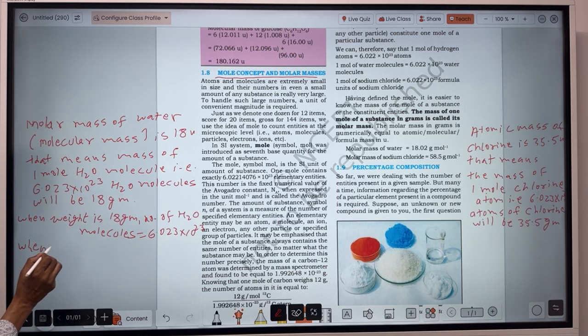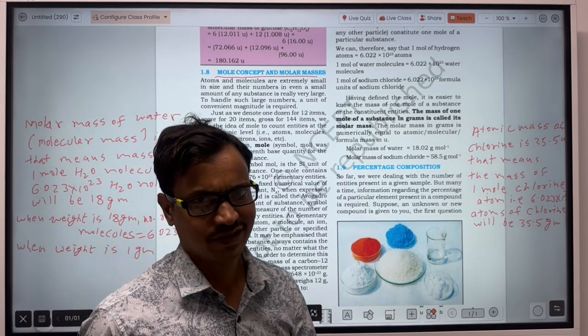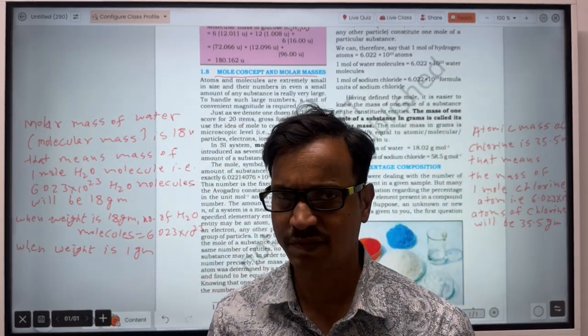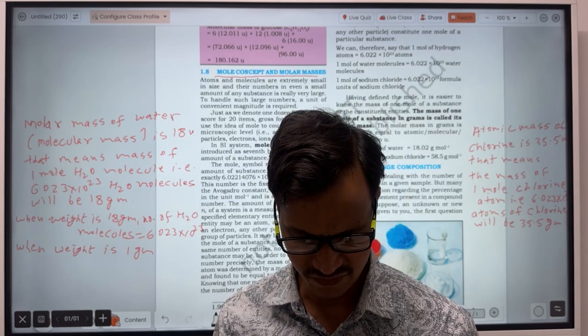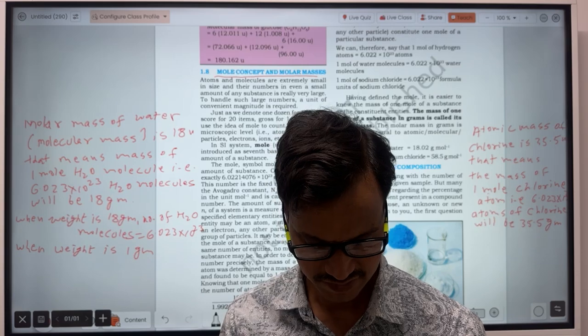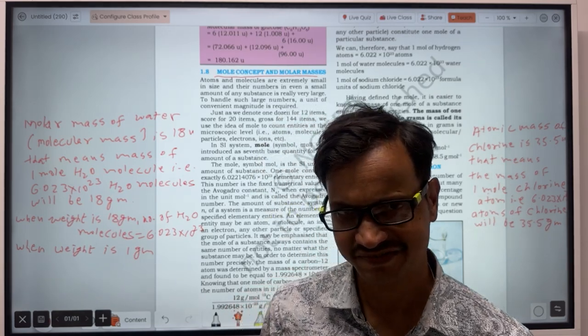So when weight will be 1 gram, here the more the number of water molecules, the more the weight. As the more the number of bananas, the more their weight.